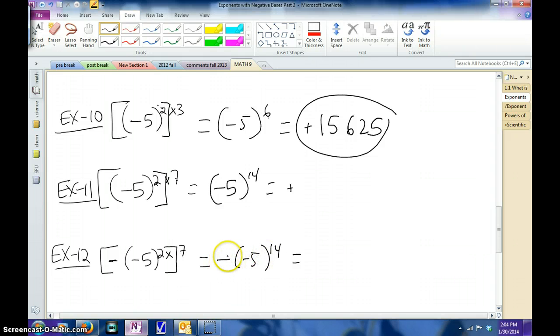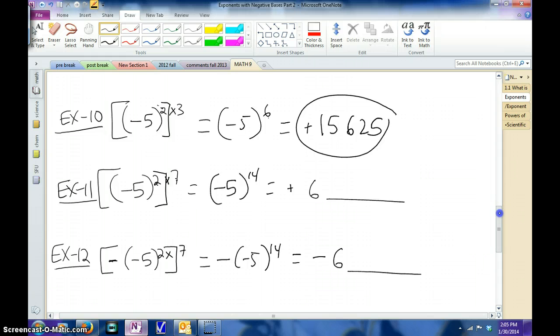But then we have this extra negative sign now. Before we had 14 negative signs, an even number, they all cancel each other out, positive. Now we have 14 plus this extra negative that came along right here. So now we know it's going to be negative. Negative what? Negative that same big number that I didn't even bother writing down. I forgot what it was. 6 something. This is negative 6 something as well.